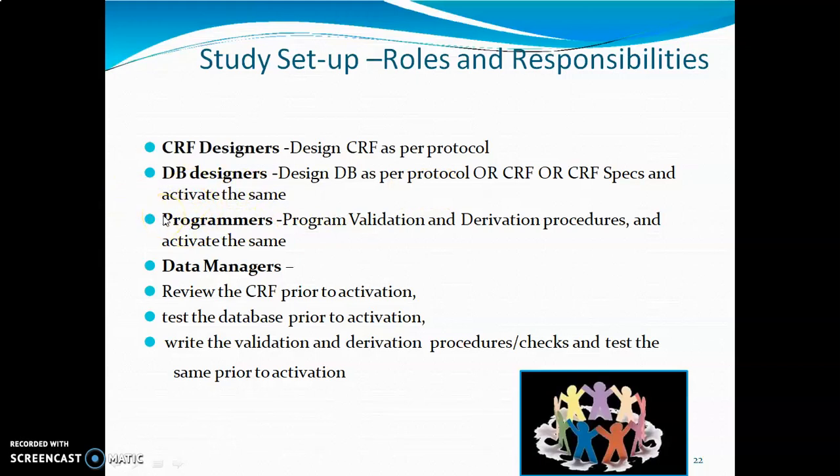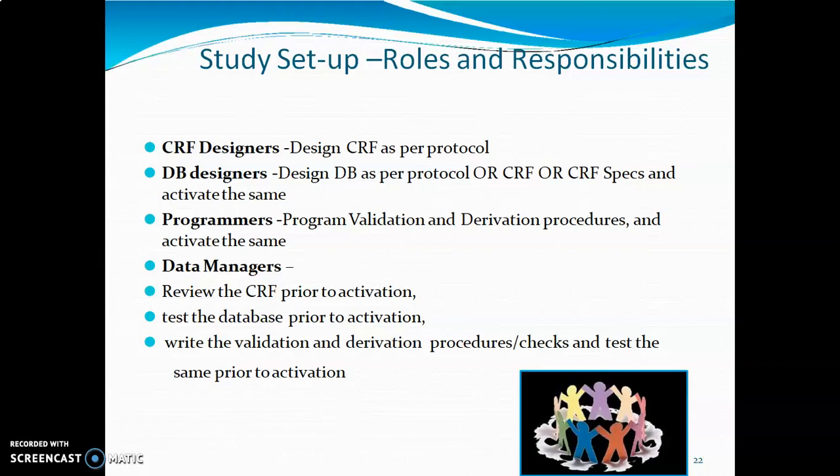Programmers will be there too, for program validation and derivation procedures, because a specified software needs programming. Programmers work in the team, and we also have a data manager who plays a major role in communicating between all the people working in the clinical trials.